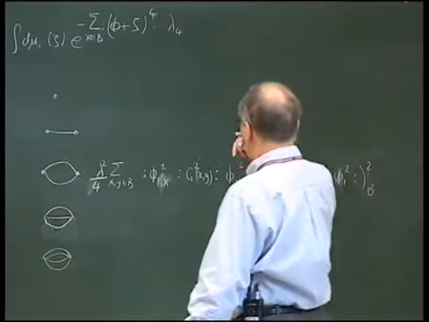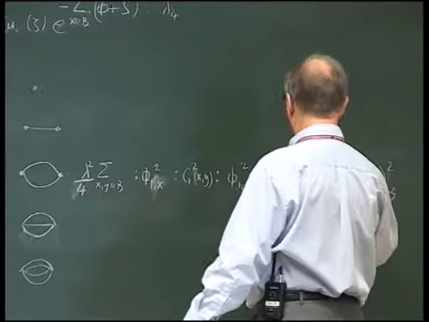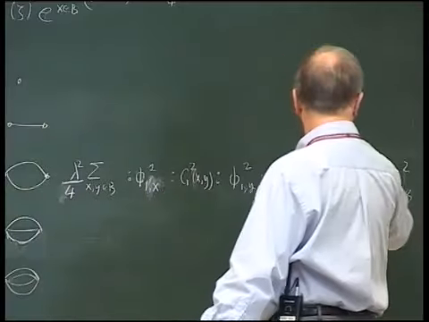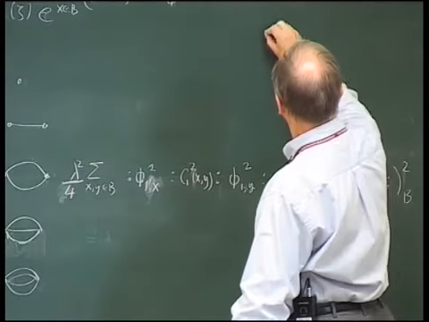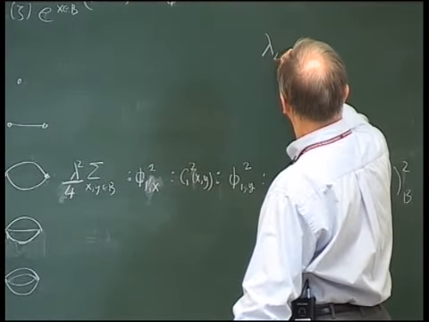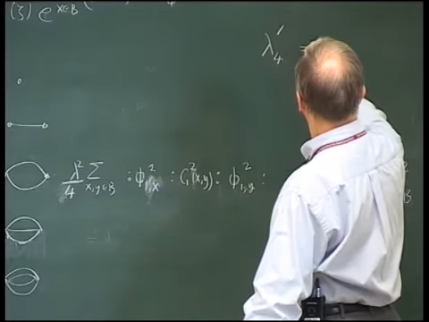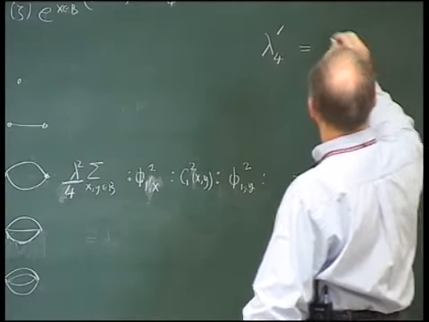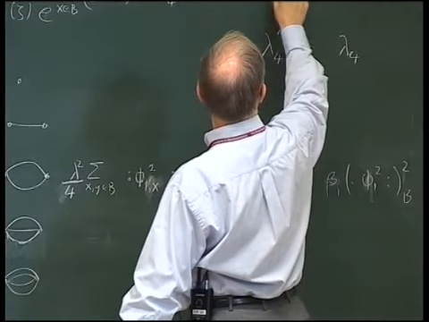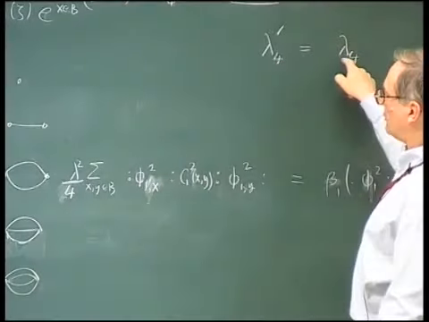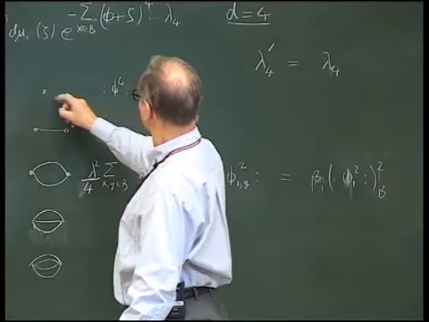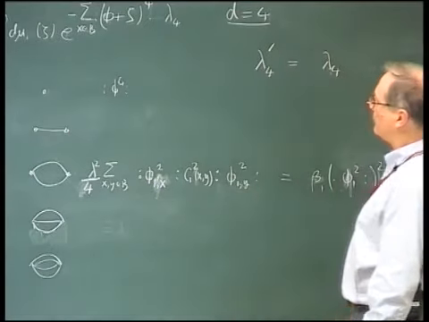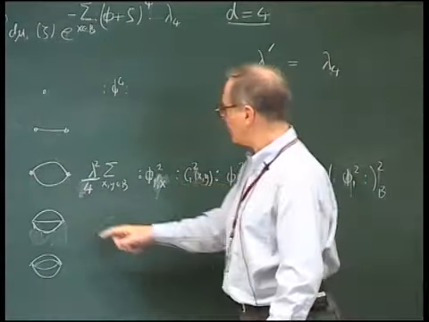And there's another contribution from here to phi to the fourth, but that's a phi to the fourth when you write it out. So when you're a bit more careful about second order perturbation theory, you find that lambda prime is equal to lambda 4. This is in dimension 4. That's the linear part. That term there is just a single phi to the fourth, which is the linear approximation I've been talking about up until now. And this is a correction to the linear approximation.